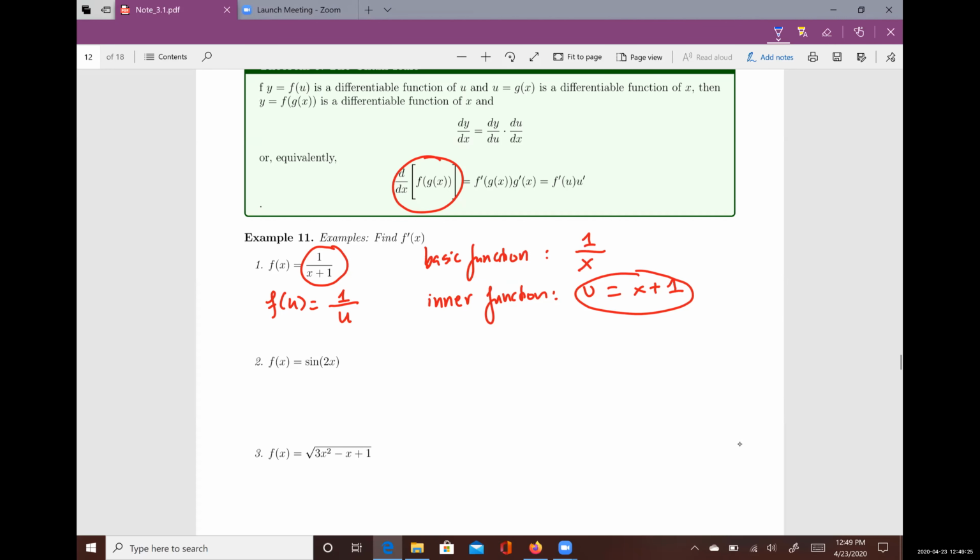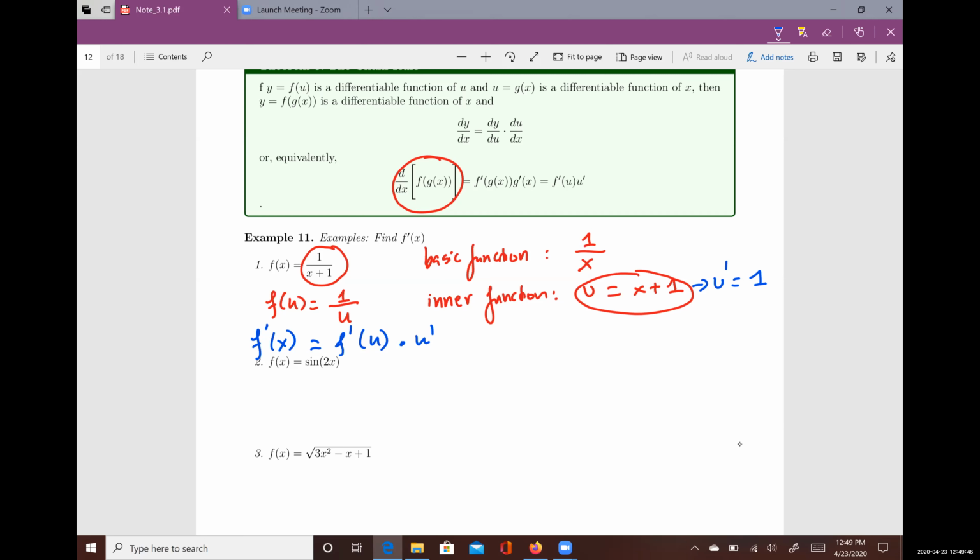So the chain rule says f prime of x equals f prime of u times u prime, okay? I know u is 1 plus x, then u prime is 1, because in terms of x, u prime is 1, okay?